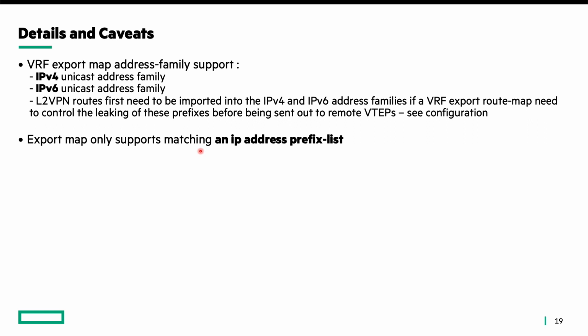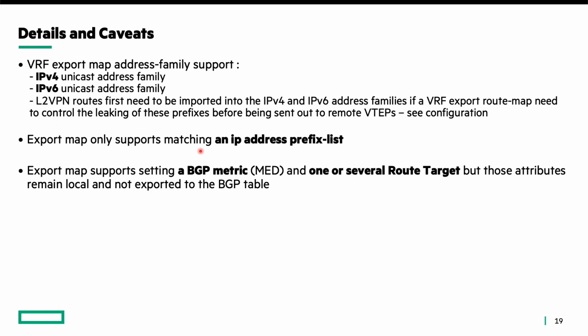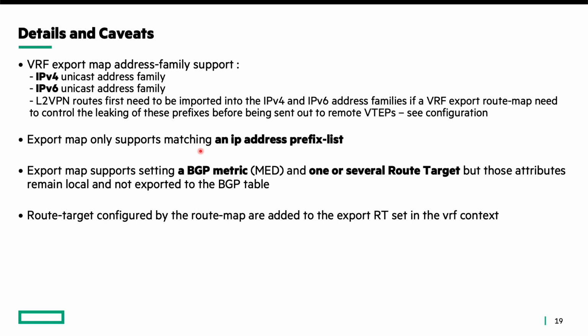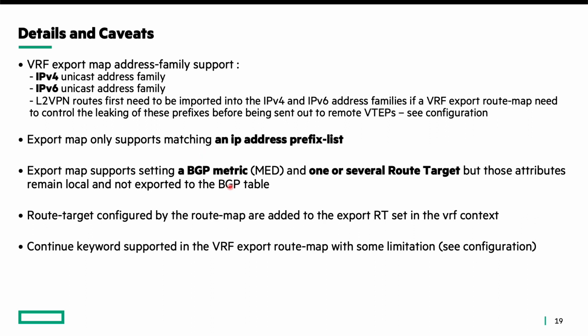The export route map, in terms of matching command, supports only IP address prefix list. In terms of set action, we can set a metric, so a multi-exit discriminator in BGP, and we can add one or several route targets, so a list of route targets. The route targets configured by the route map are added to the export route target.